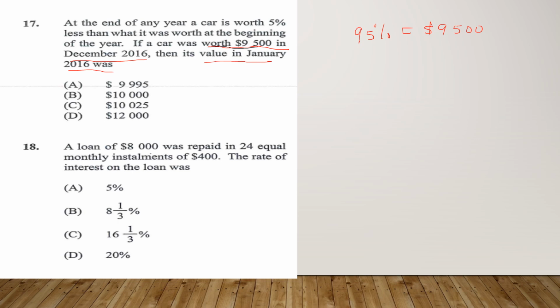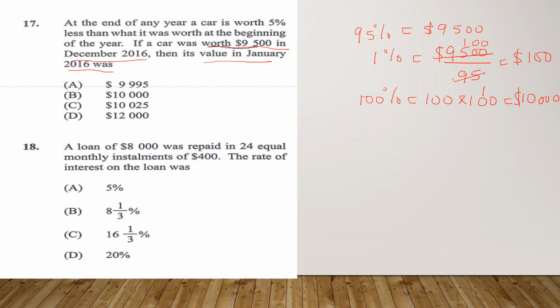So we want to find the original price, which will be 100%. So we find 1%, which is 9,500 divided by 95, and that is $100. So 100% will equal 100 times 100, which is $10,000. That is the original price. B.